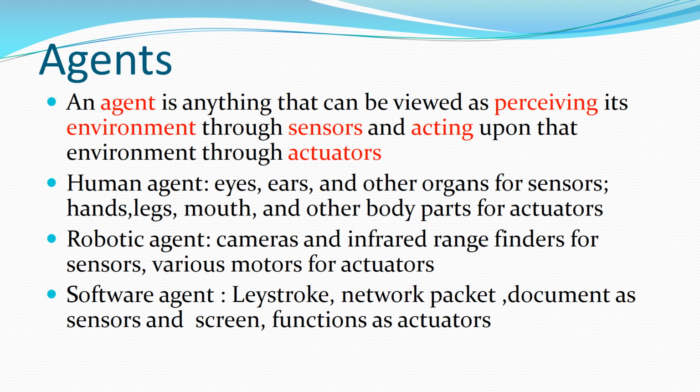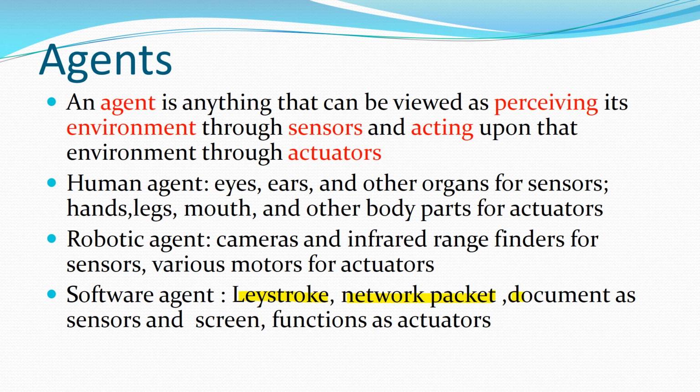The next agent we can see is a software agent. In a software agent, we have keystrokes, network packets and documents as sensors, because the software agent will sense from a key. It will detect the message using a network packet.